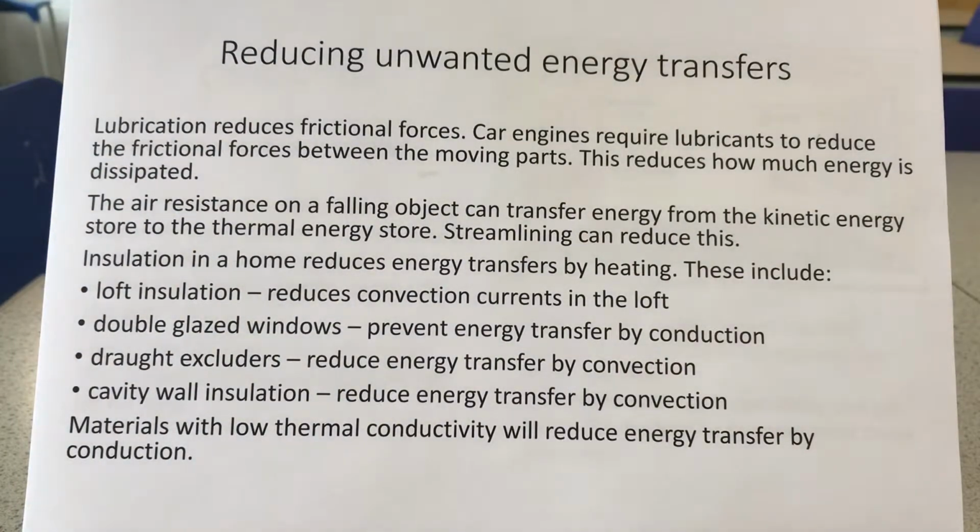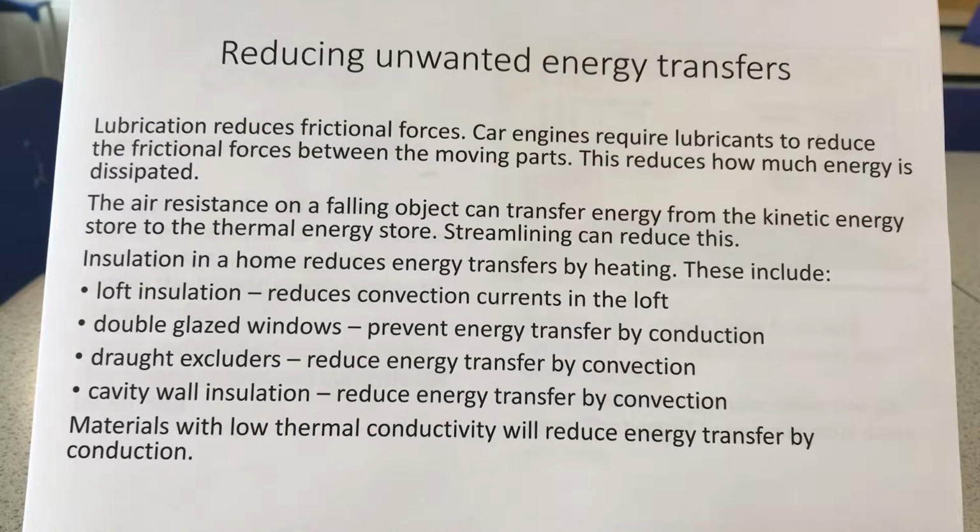Okay. Now that was my introduction, which leads us on to talking about reducing unwanted energy transfers. And we're looking, first of all, at how we can reduce frictional forces, and then at unwanted energy transfers in the home. So for frictional forces, most of us have ridden a bike and know that the chain has lubricant on it, in the form of oil. That reduces the frictional forces, which makes the bike more efficient to use.